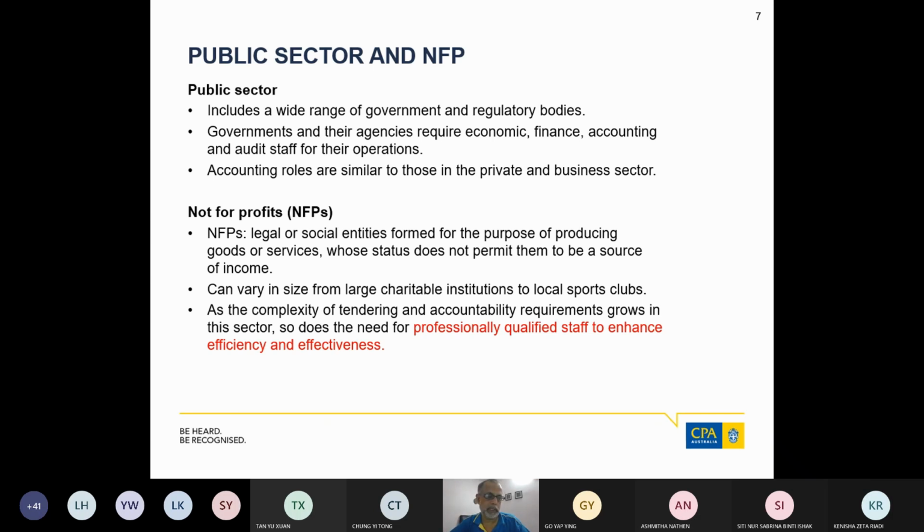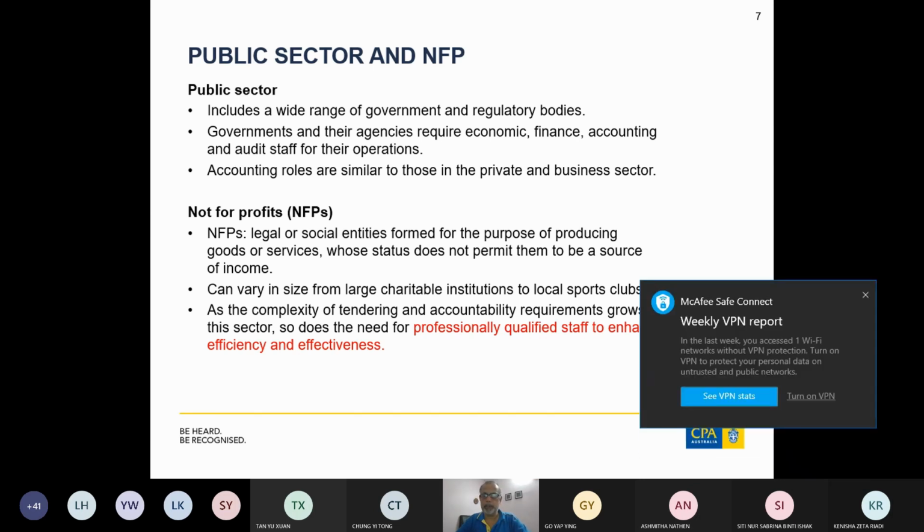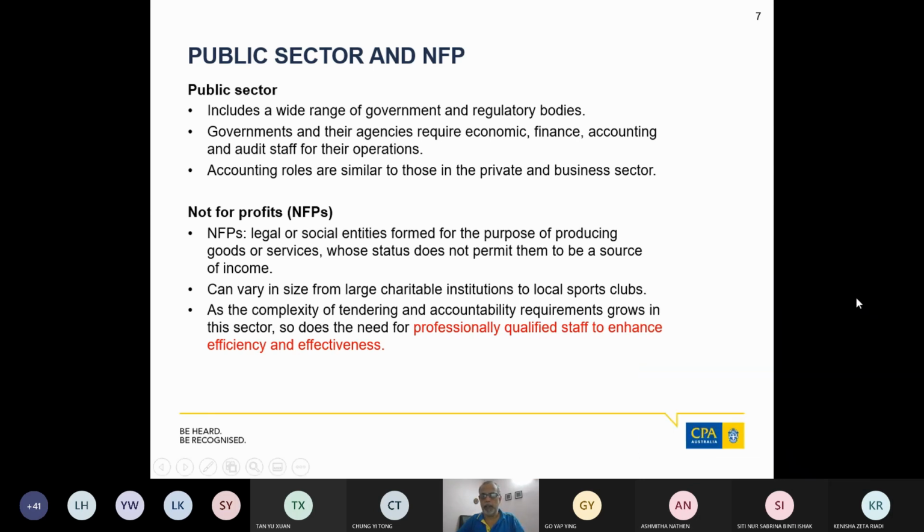We have two in Malaysia. One is the CCM, Companies Commission of Malaysia. If you are formed as a company, a limited company, then you must register with the CCM in Wisma Central.